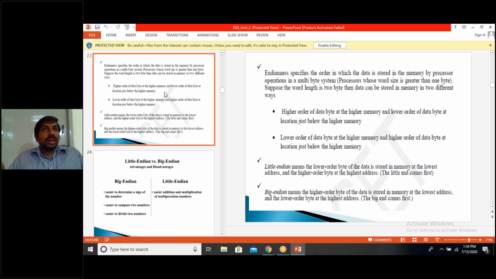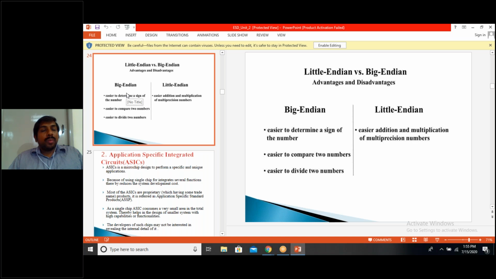Based upon the contents saved in the memory, they are classified by Endianness. If the higher order byte of your data is stored in memory at a lower address and the lower order byte is saved at a higher address, it is called big endian. If the lower order byte is stored in memory at a lower address and the higher order byte is stored at a higher address, it is called little endian. So processors are also classified based upon Endianness.